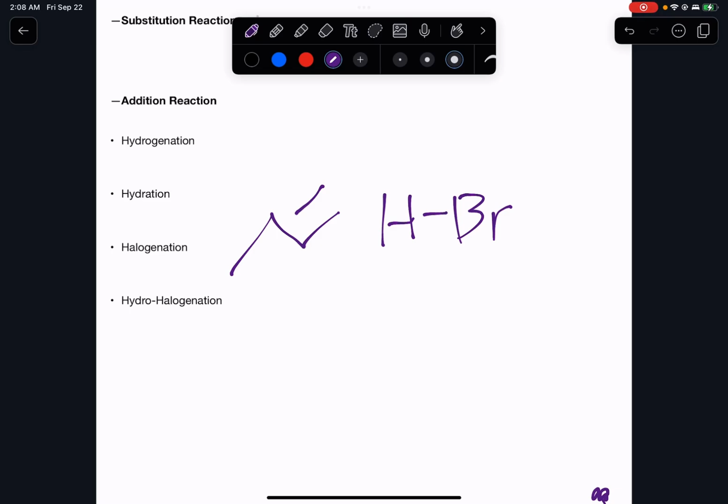The double bond is nucleophilic. It's electron rich. Therefore, it's going to be attracted to the hydrogen atom, because the hydrogen atom has a partial positive charge.